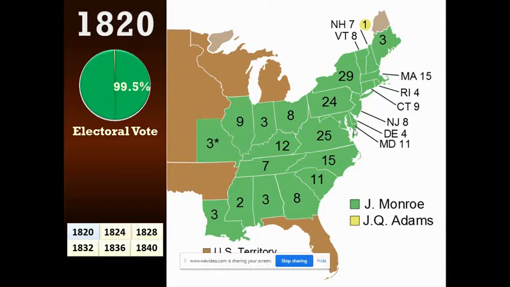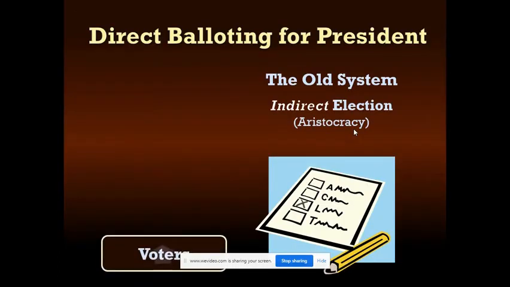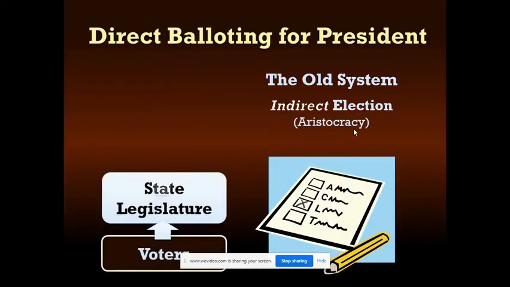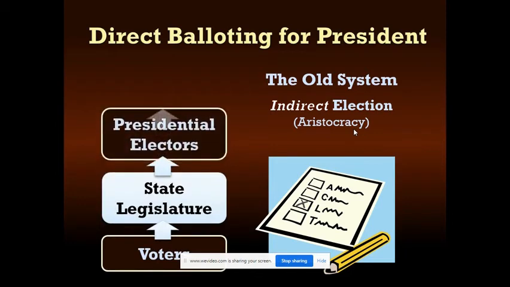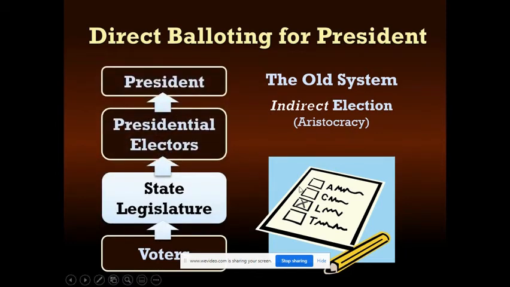But there's an interesting note about the time from 1790, when we established our new Constitution, all the way up to 1820, and that was how we balloted for president. Prior to 1820, this is how it went. Voters would go vote for president, and that would go to the state legislature.